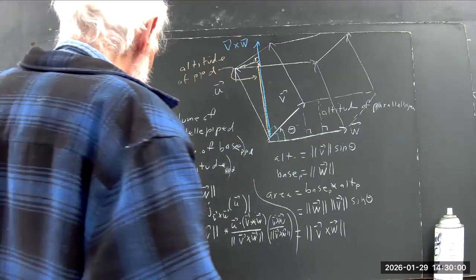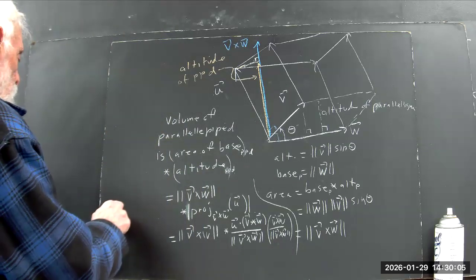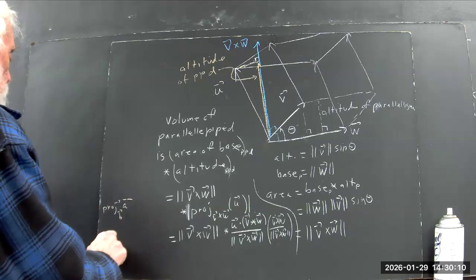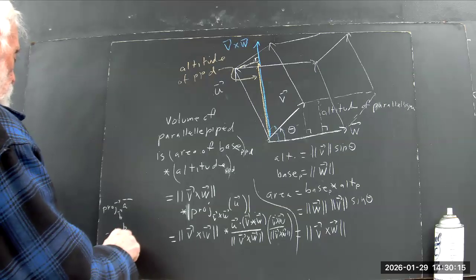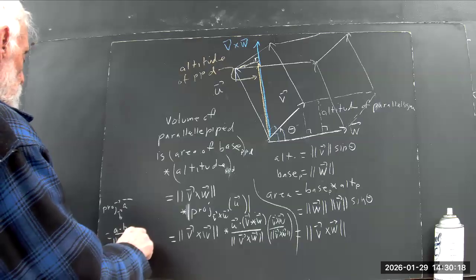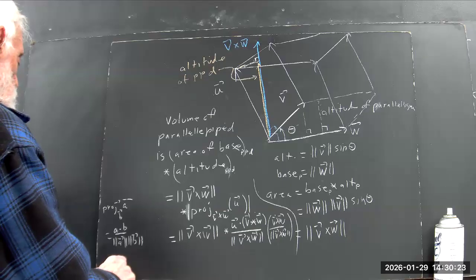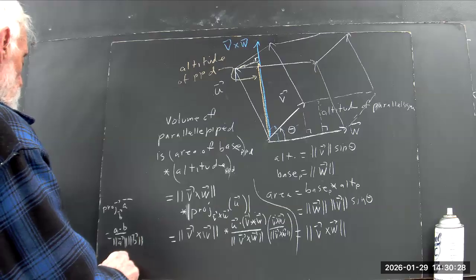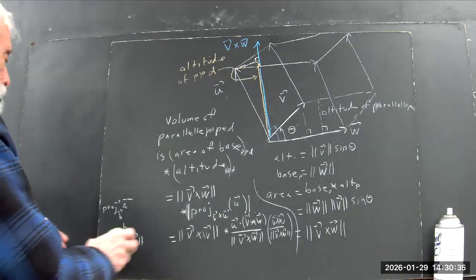And the scalar projection of one vector on another, projection of vector A onto vector B is A dot B over the magnitude of A times magnitude of B, which is... writing too much, writing without thinking.